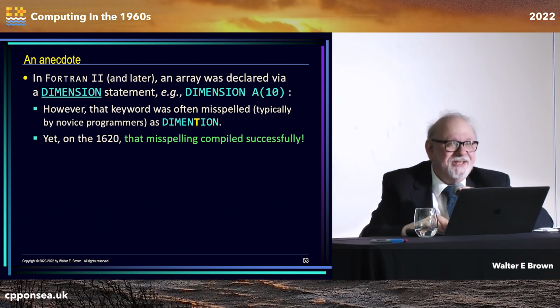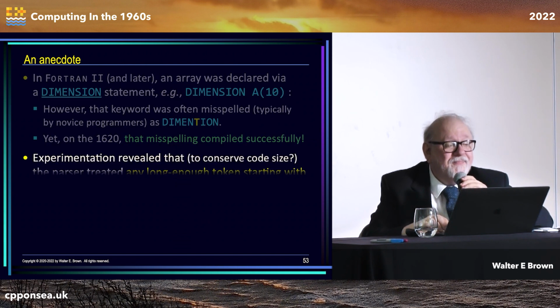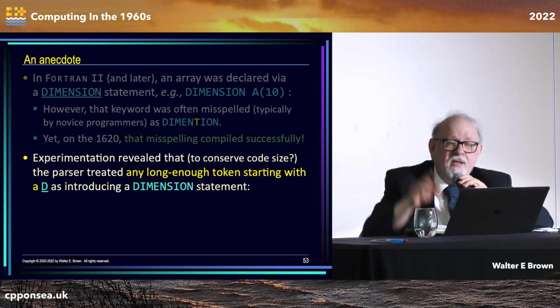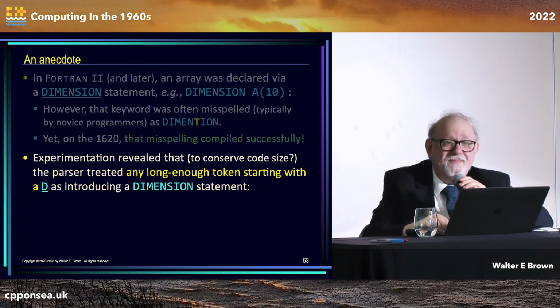So we got curious. And through experimentation, mostly by freshmen, by the way, we discovered that perhaps to conserve on code size, we don't really know why, the parsing routine treated any token that was sufficiently long and started with a D and said, okay, you're a dimension statement, and just blessed it.